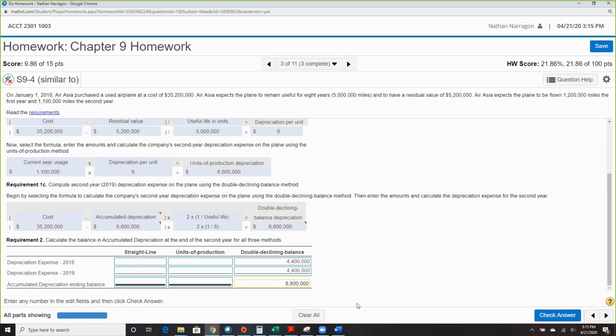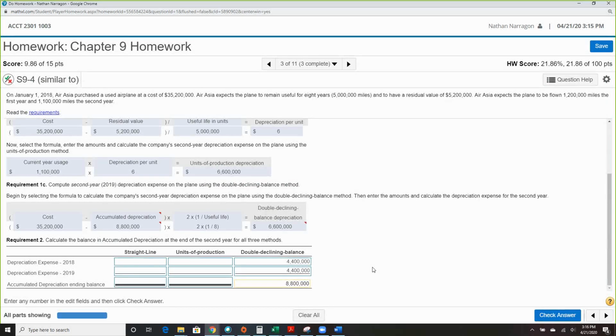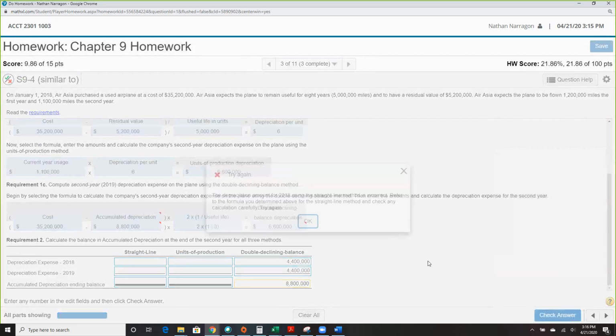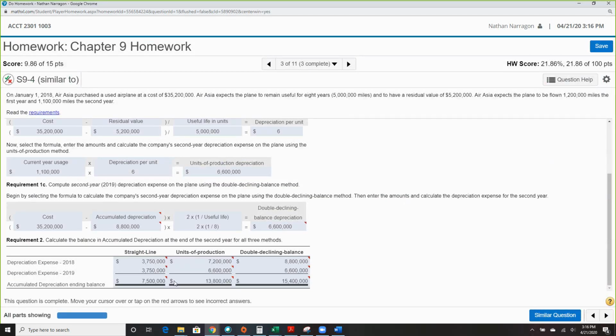So that one's pretty much going to be it. Oh, they want, I'm going to talk to it this way. So, alright, yeah, you gotta calculate, so they're doing 8,800,000. So yeah, straight line, it's so weird. They're calculating all these.